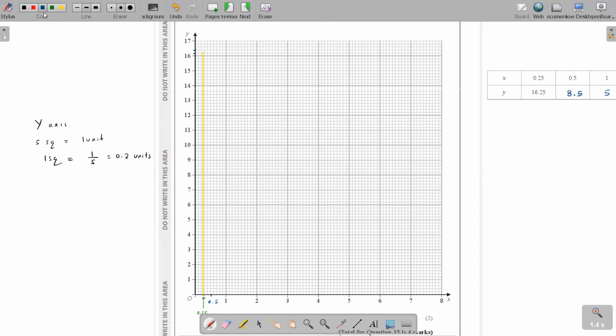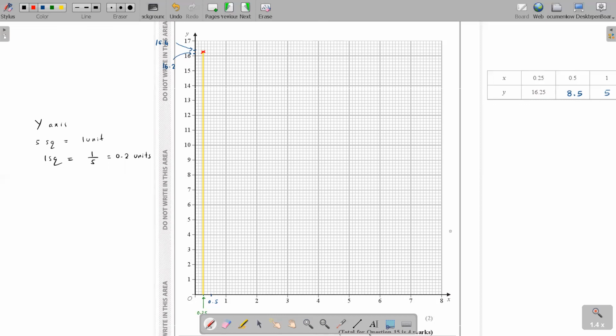I hope you guys can see. 16.25 will obviously be in the middle, so you can't exactly mark it. So mark it as best as you can. Something like this should be fine.